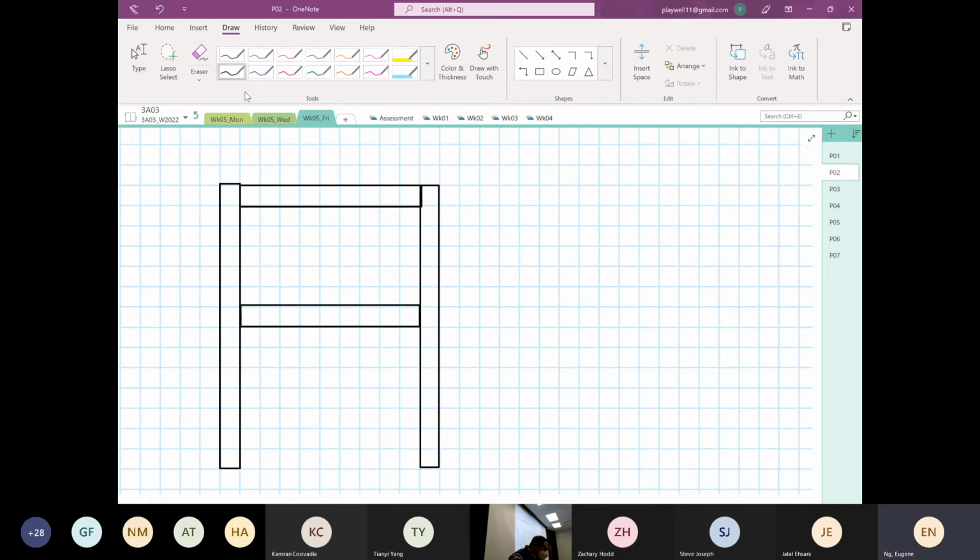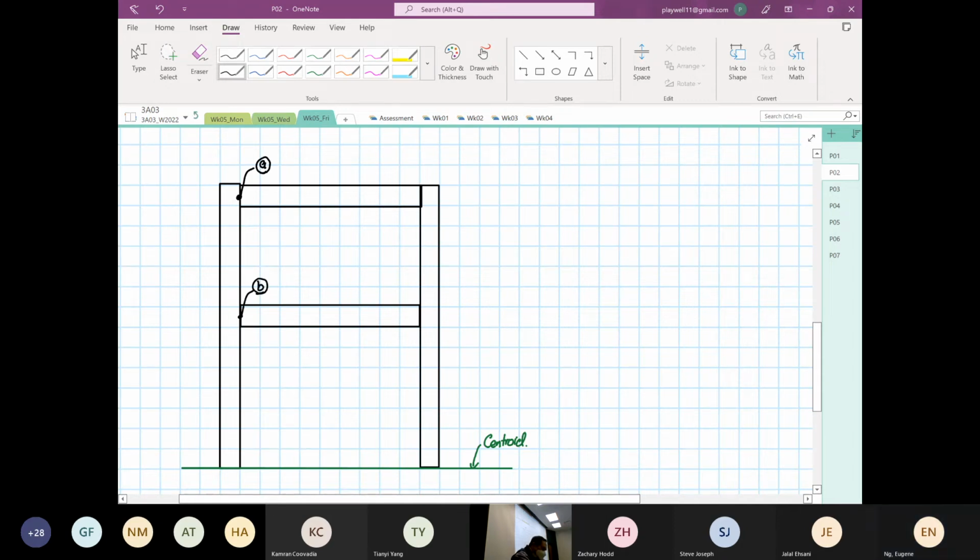Then I draw a green line over here. This is our centroid, right? So now this is our point A. Over here, this is our point B.